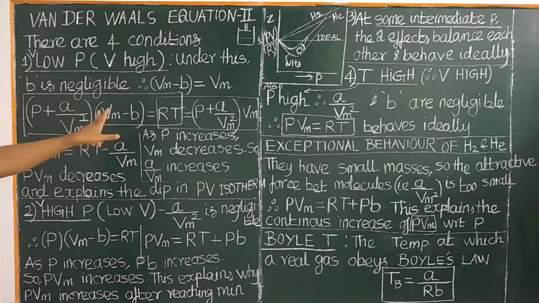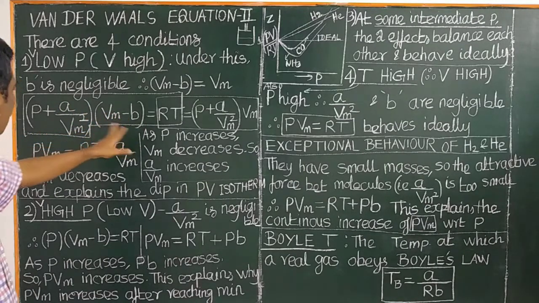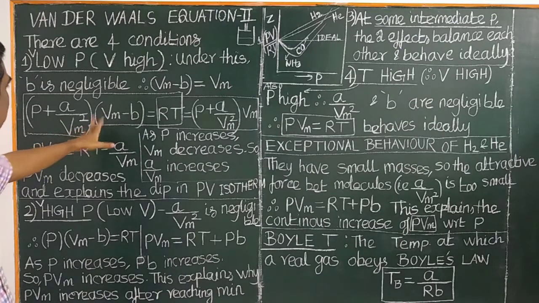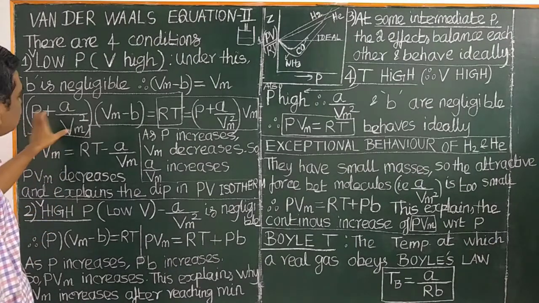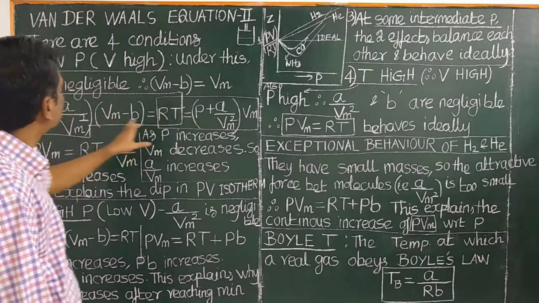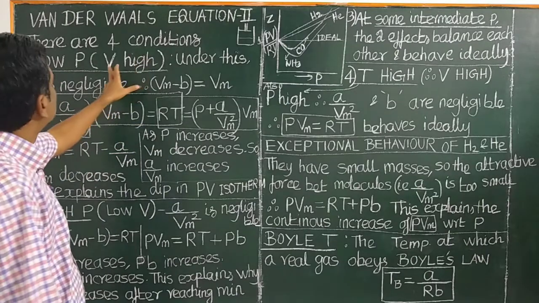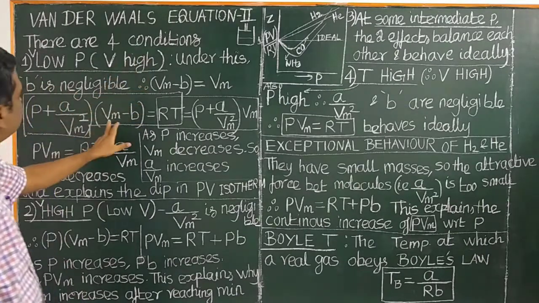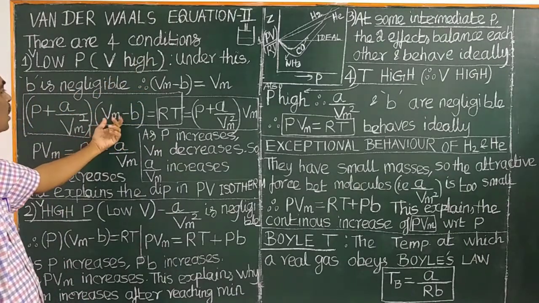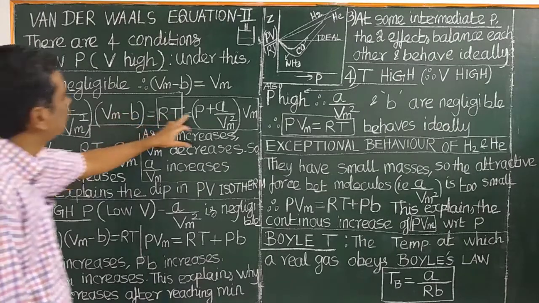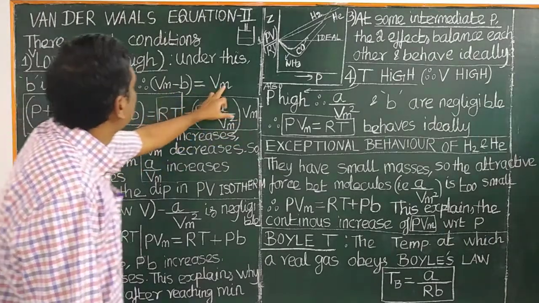Vm is the molar volume, P is the pressure, T is the temperature. Now, when the volume is high, for example, this is 1000, this is 0.1. Therefore, Vm minus b equals Vm.